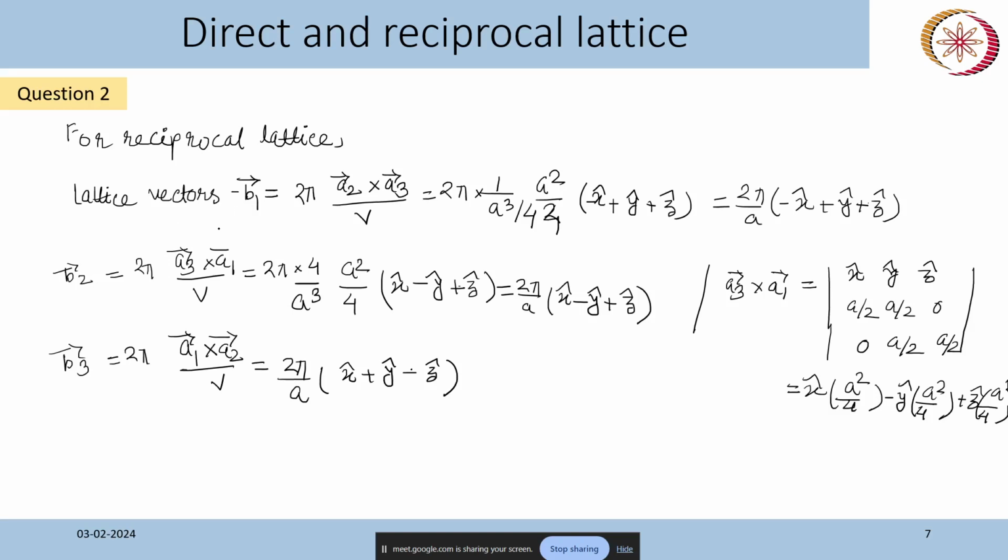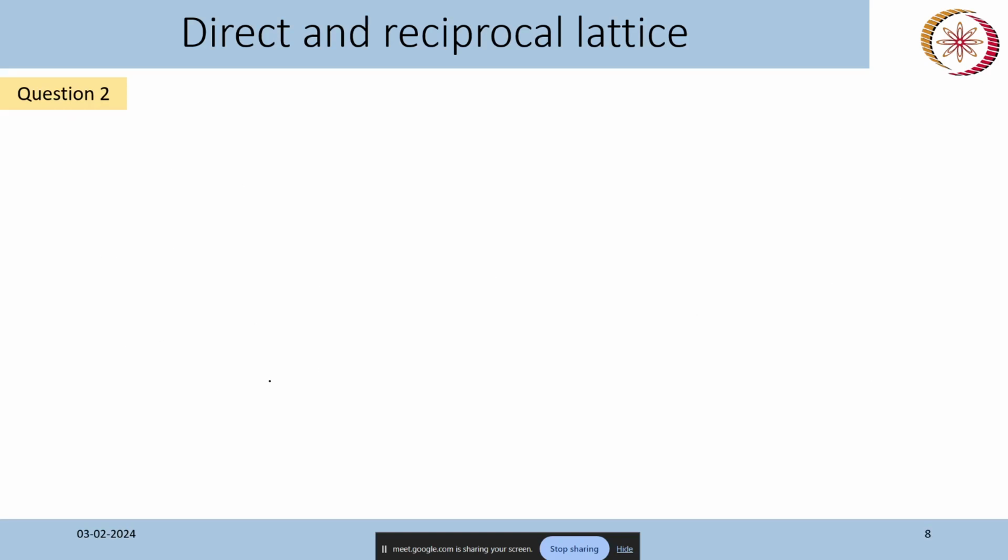So now we can determine the volume. Let's calculate that. B1 is this. For volume we will calculate B1 dot B2 cross B3. So let's first calculate B2 cross B3.